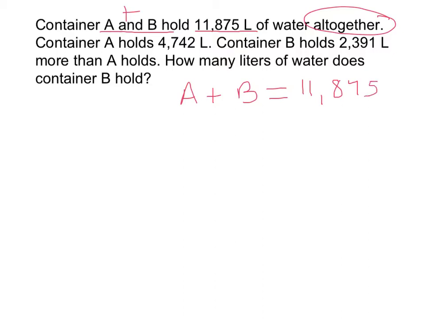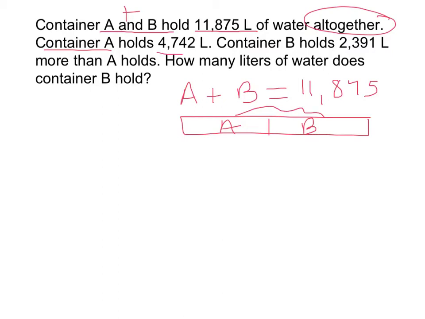Okay, so we know that we have a total picture of this right here, which is part A and part B, and the whole thing equals 11,875. So let's continue reading. Container A holds 4,742 liters. Container B holds 2,391 liters more than A.